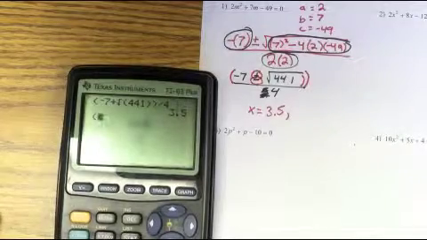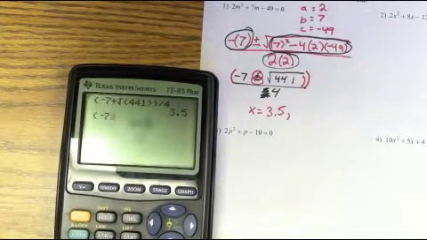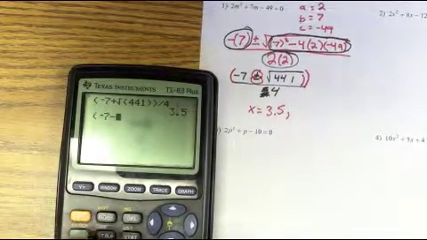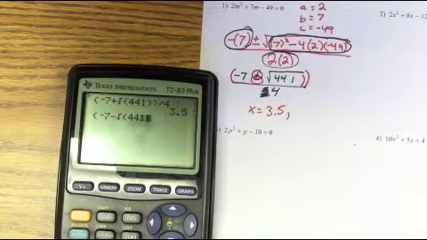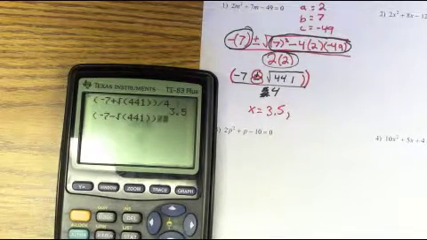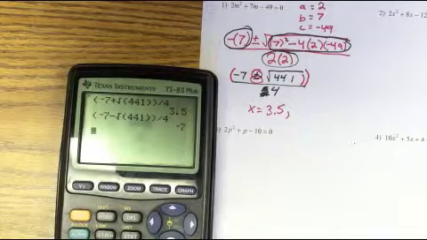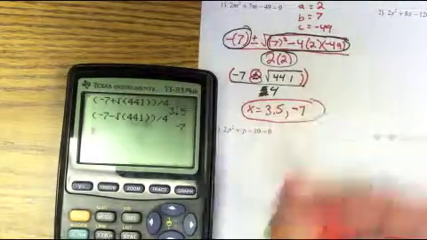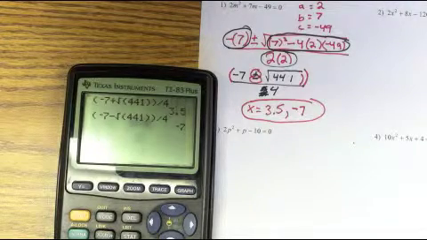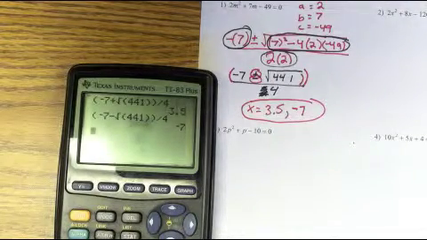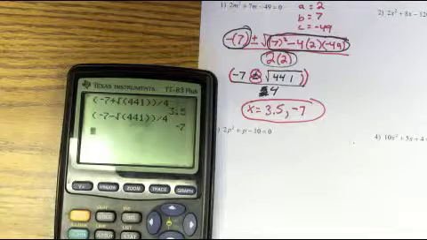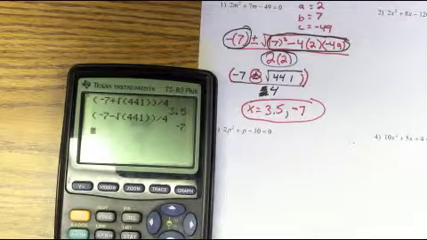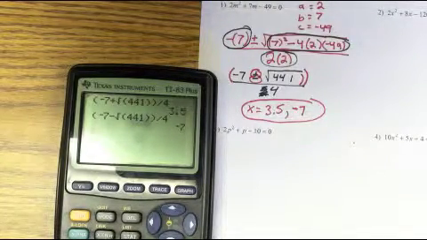Open parentheses, negative 7 minus the square root of 441, double close, divided by 4. You get what? Negative 7. You're done. You just have to put the double close. You have to tell the calculator, hey, do the top first before we divide. That's all you have to do.